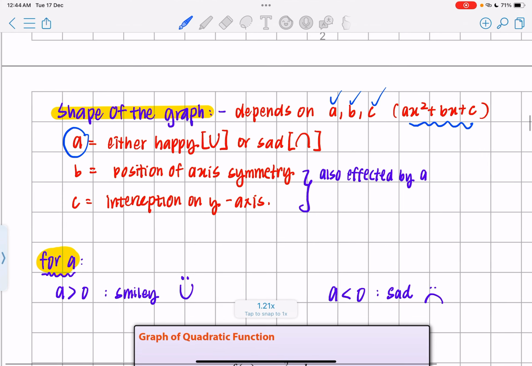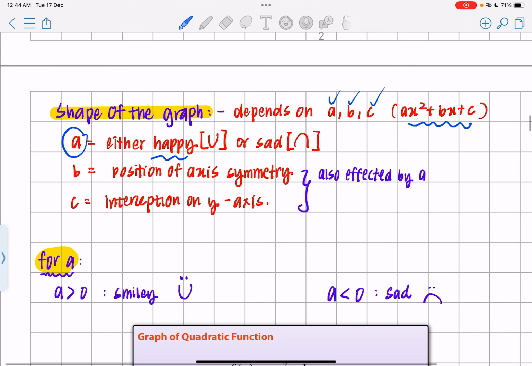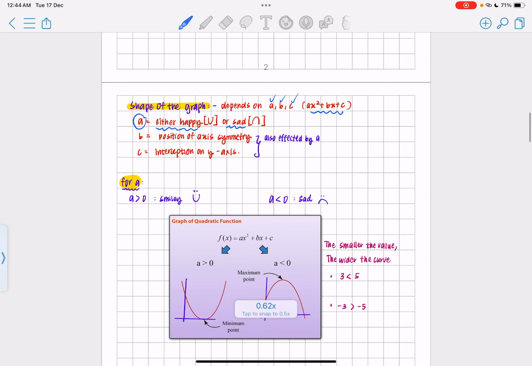Cuma A, dia akan tentukan either you punya graph is happy or sad. Boleh ke value A 0? No lah. Sebab kalau tak, it's not a quadratic expression. Macam mana yang kita belajar tadi. The highest power must be 2, right?